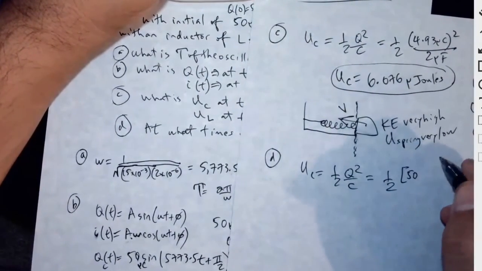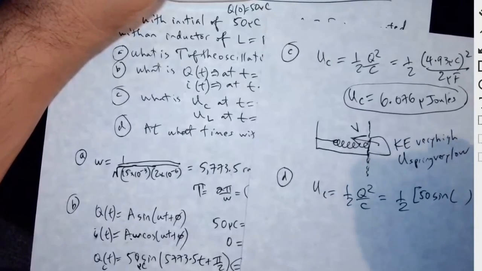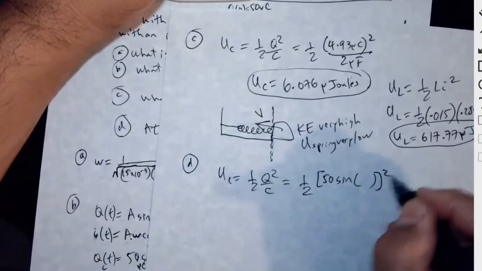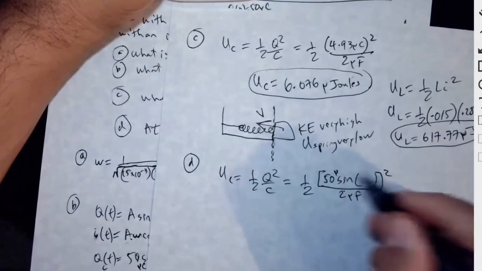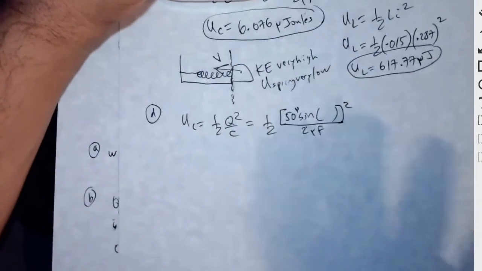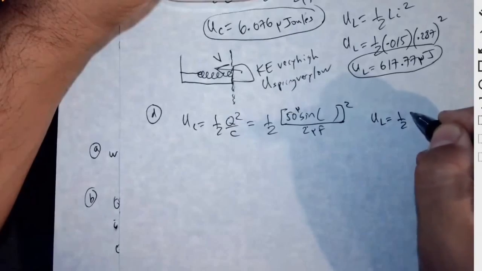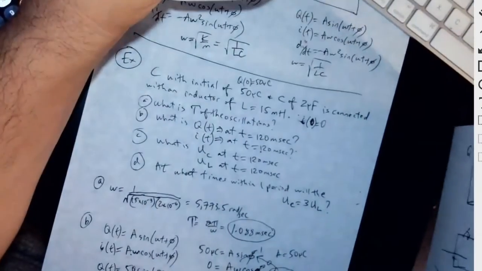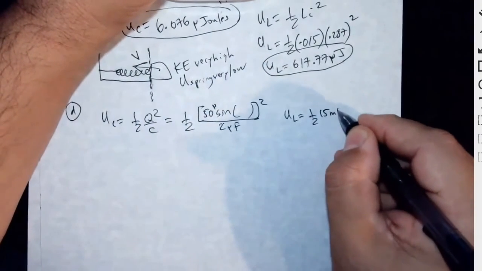50 sine of that thing squared over 2 microfarads. And this is also micro. So the general equation for the capacitor is that. And then the general equation for the inductor is half L. L is 15 millihenries.